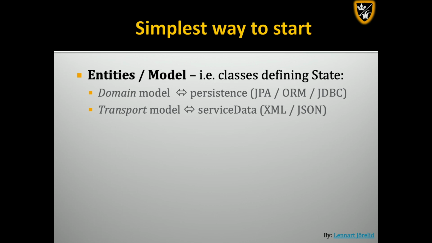You've written that probably more than once. So that state could either be domain state, like persistence, using JPA or JDBC, something that talks to a database, or it could be a transport model, things that convert it to XML or JSON and send it out as a response to a request.